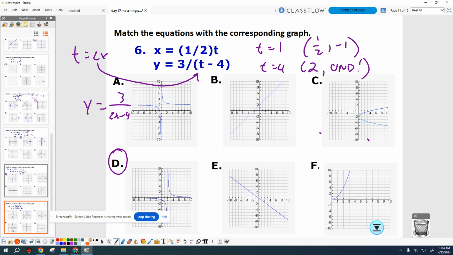Is that what you got? Hold on. Are you using the terminal point or the initial point? I'm going to use B. I usually use A, but it makes more sense to use B. 1 plus 2T, 4 plus 5T.